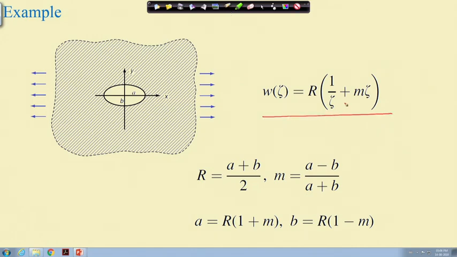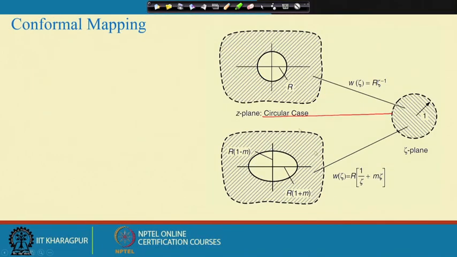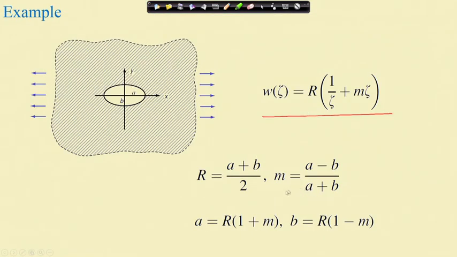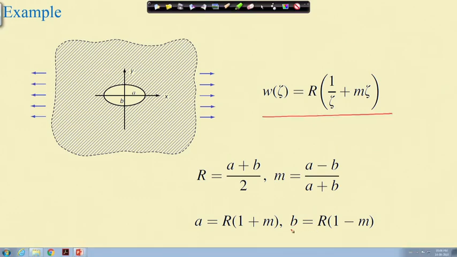Suppose this ellipse has major axis A and minor axis B. As we discussed in the previous slide, if you transform through this transformation, the major axis becomes r into 1 plus m and the minor axis becomes r into 1 minus m. If you choose r equal to this value and m equal to this, you can get it.